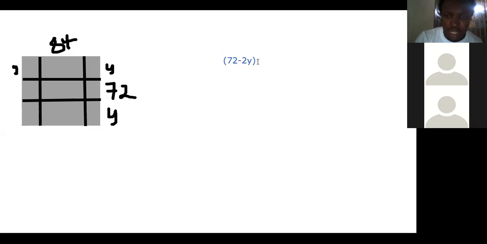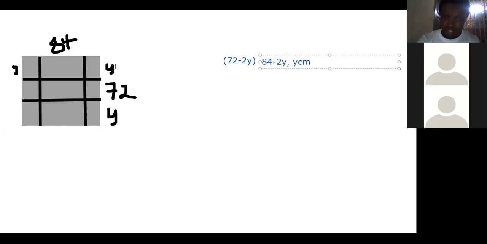We are also going to get another dimension. The dimension on top here will be 84 minus 2y. The dimensions of the cuboid formed will be that one, another dimension, and y cm will be another dimension.